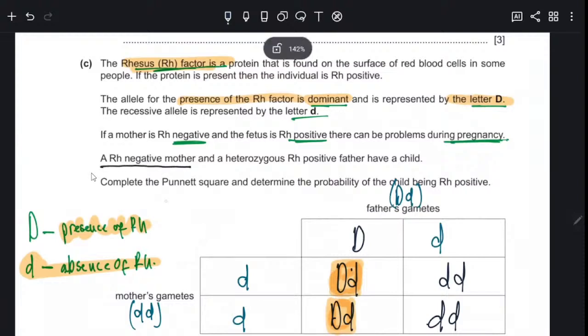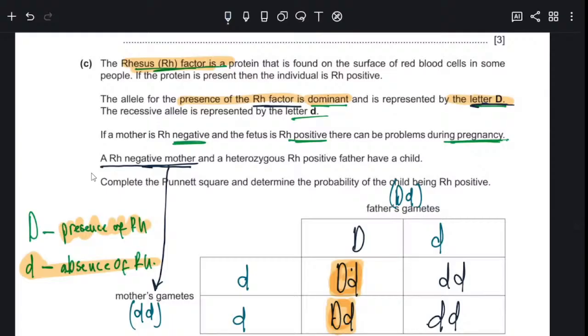So the mom does not have this uppercase D, or else she would be positive, because we've been told that RH is dominant and represented by uppercase D. If the mom is negative, she doesn't have it, that means she has to have lowercase and lowercase only. Are we together?